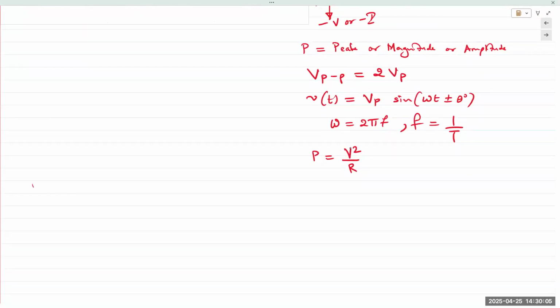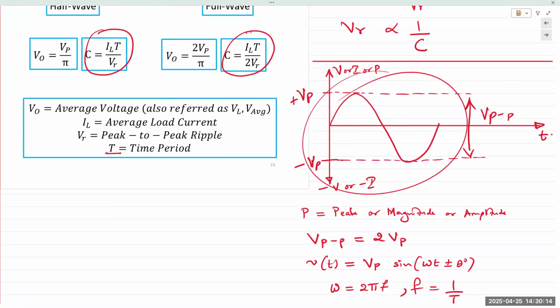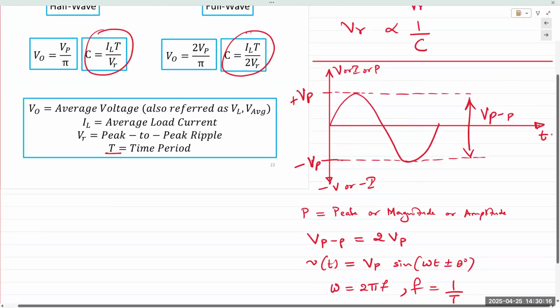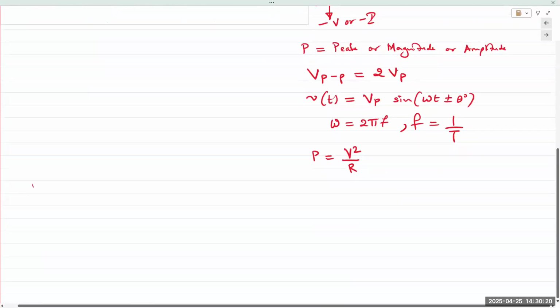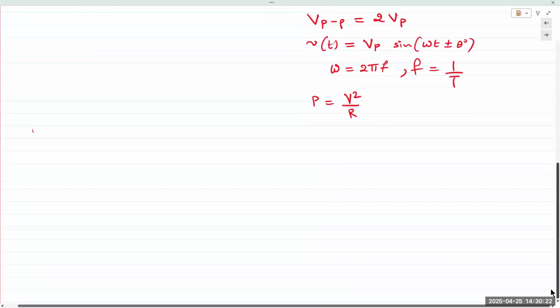More importantly, if I ask you what is the average value of the sinusoidal waveform that we drew above, what is the average value of this waveform? 0, right? Because it's half above and half below 0. So the average value of that waveform is 0. Yet, if you apply the same AC waveform to a resistor, energy is being sent, power is still being sent to that resistor. So how can we quantify that?